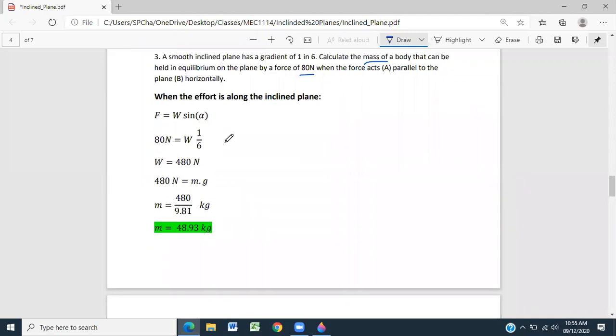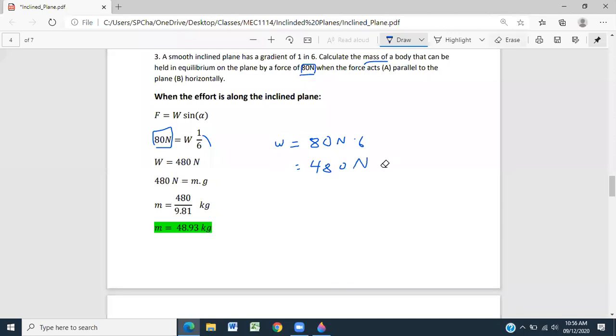So again, replacing F this time with the 8 newtons we're given, and solving for W. So W is equal to 8 newtons times 6, which is equal to 48 newtons, right?